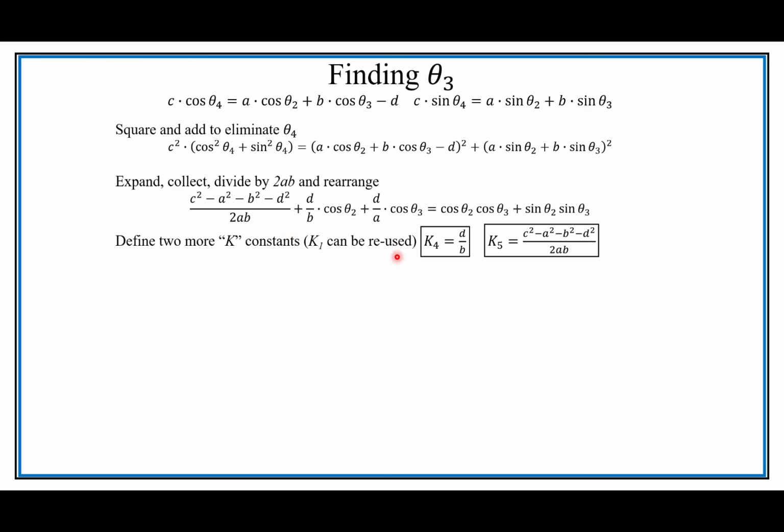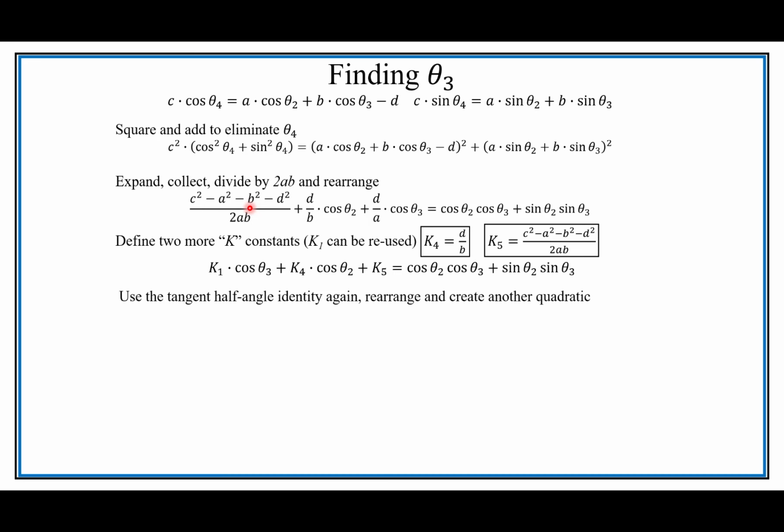We're fortunate enough that K1 takes care of, I think, this term right here. So we can recycle K1, but we need K4 and then the K5, and we're getting close to Freudenstein's equation.